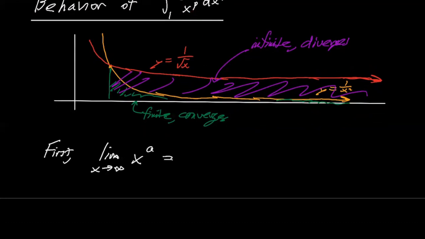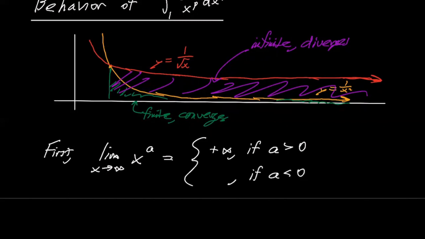And a claim I want to make is that if a is positive, this is certainly going to go to infinity, right? Just like x to the first power will go to infinity, x squared will go to infinity, even x to the 0.2 power. Because the exponent's positive, that means there's an x in the numerator. Versus if a is less than 0, what happens?